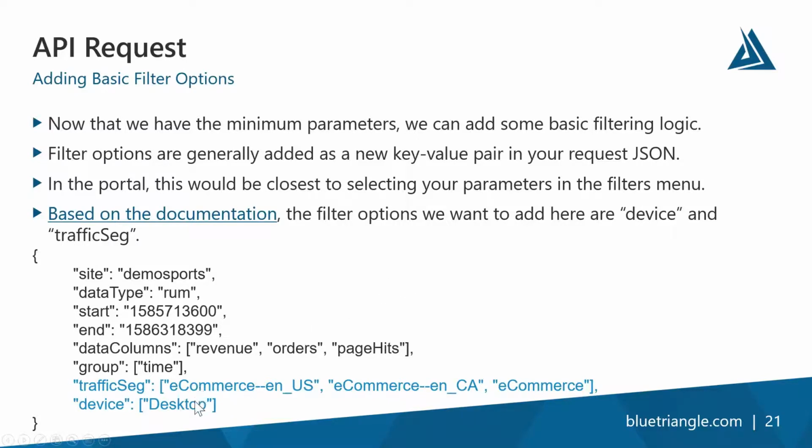All you need to do is put in the exact string for each of these traffic segments, and for the device, you can see the options listed in the documentation. The options are desktop, mobile, and tablet, and we're going to choose that desktop option right here.